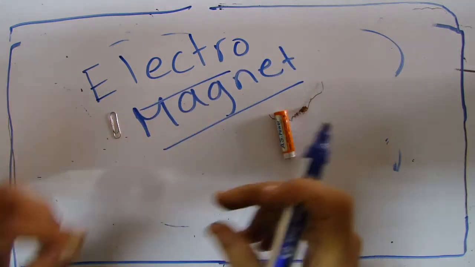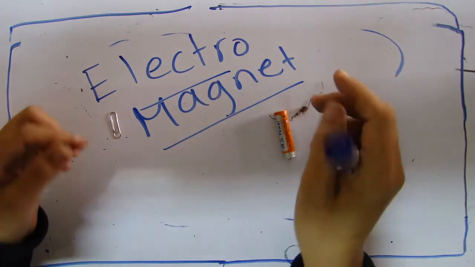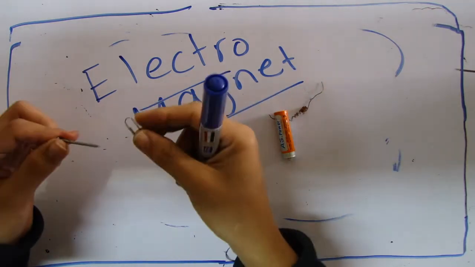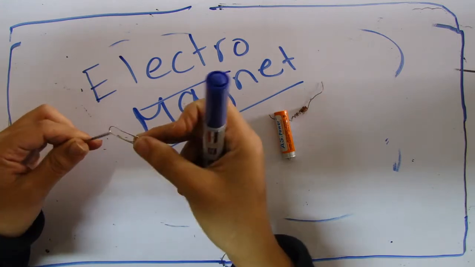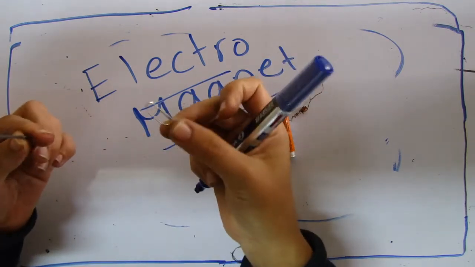So the electromagnet: if the iron nail touches the paper clips, it will not attract them, because there is no magnet.